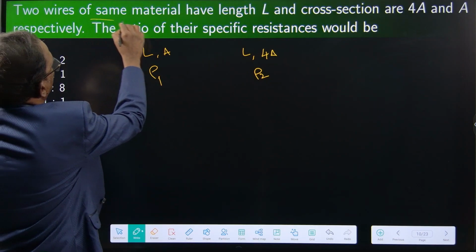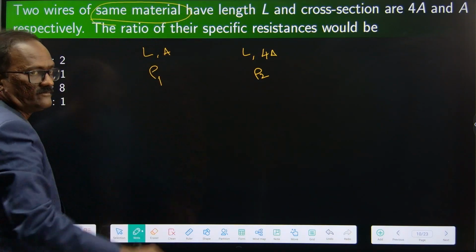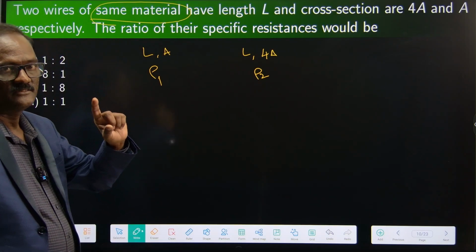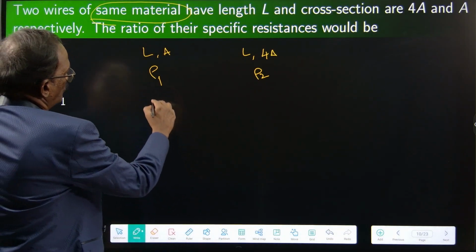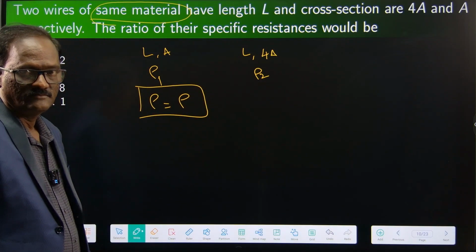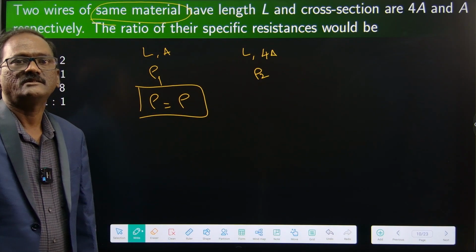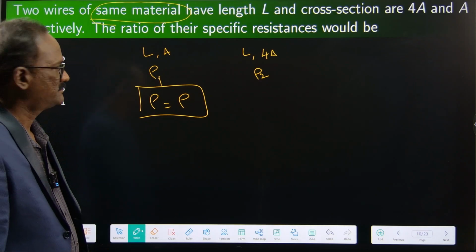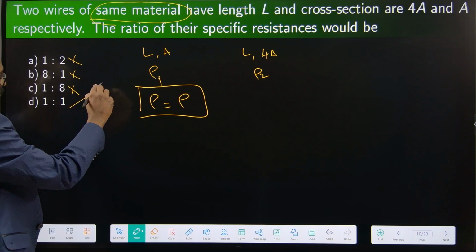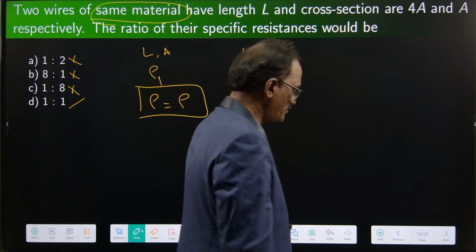Two wires of the same material. Read the question well. Two wires, but the material is same. So rho will not be changed. It is material dependent. Options: 1:2, 8:1, 1:8, 1:1. Rho is equal to rho.